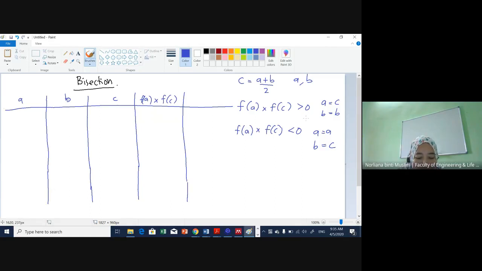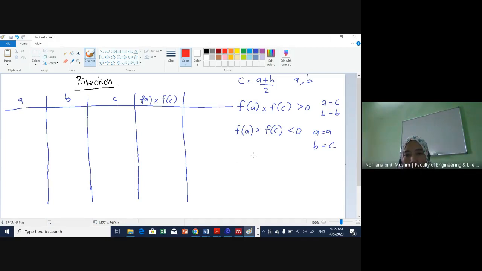I'm going to show some calculations only, but you have to complete the table. For this bisection, the stopping criteria will be based on your value of absolute error, that must be less than your estimated error.